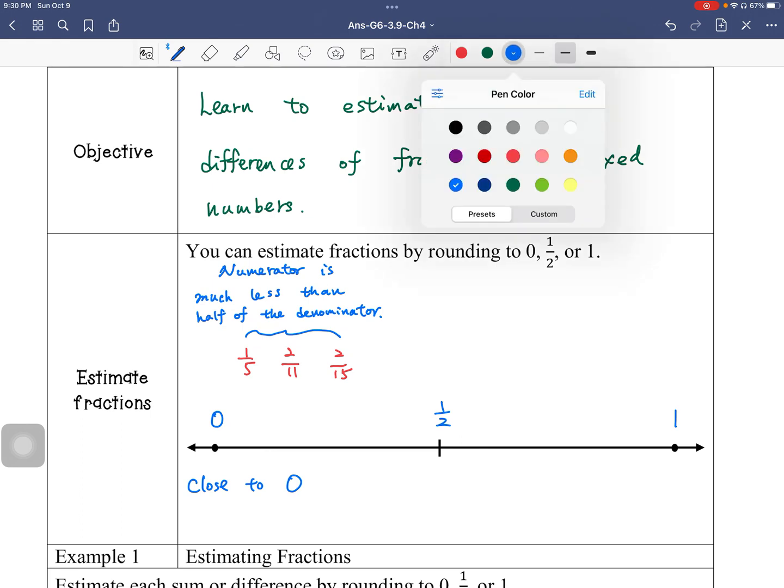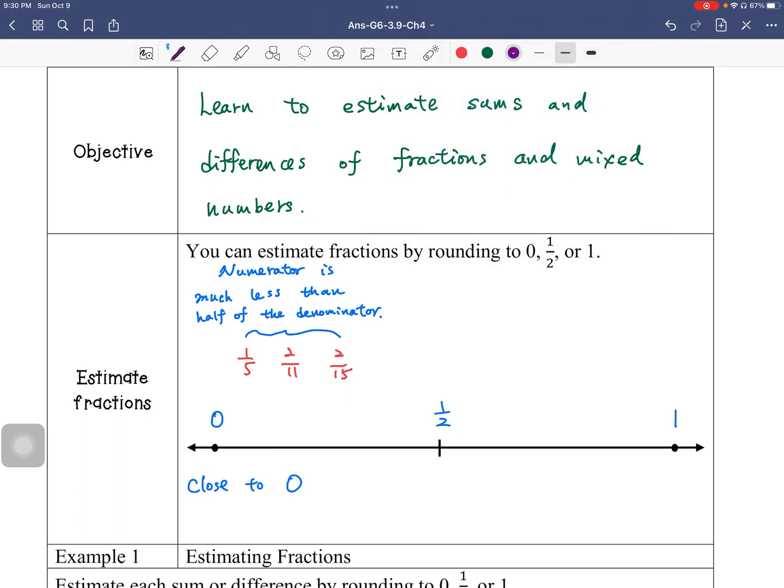Second, I do have 1/2. Numbers close to 1/2 are such as 5/11, 4/7, and 9/20.